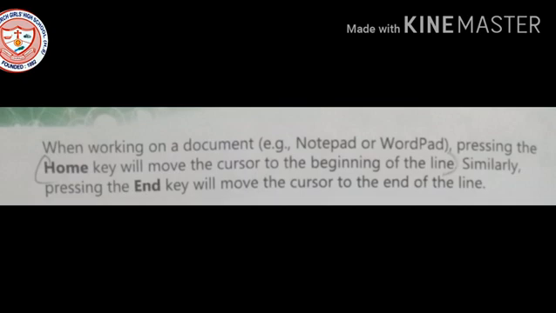Similarly, when you press the end key, what happens? The cursor will move automatically to the end of the line. Suppose you are writing somewhere at the top and you have completed the paragraph, but you went up to make some changes and again want to come down.